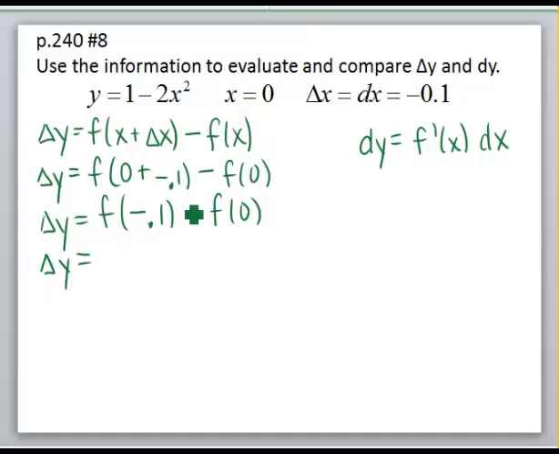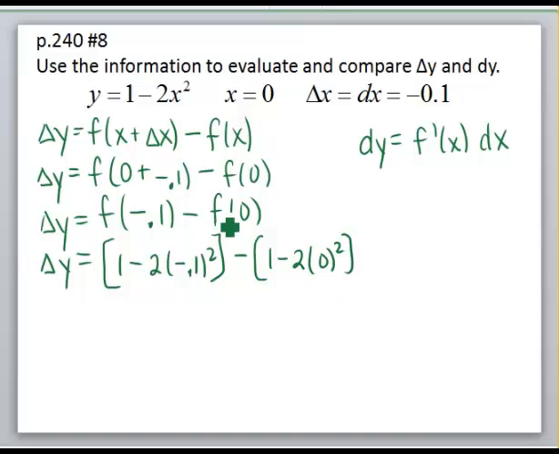I'm going to plug in negative 0.1 into this equation, so it'll be 1 minus 2 times negative 0.1 squared, minus what f of 0 is, which would be 1 minus 2 times 0 squared. So all I did was plug in negative 0.1 for my x and then 0 there. What that gives me, when I punch that all into a calculator and reduce it, is that my change in y is equal to negative 0.02.